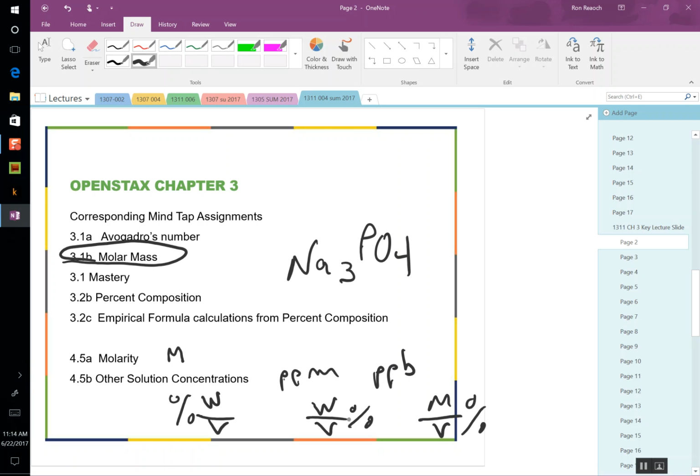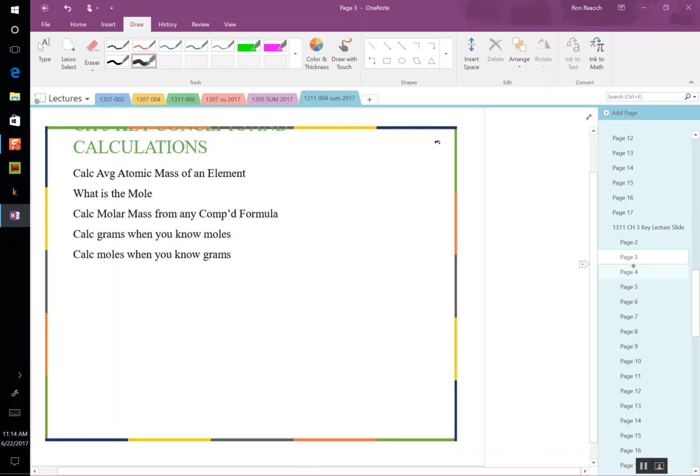All right, so let's see, where does percent composition come in? Okay, molar mass, you good with that? Ammonium phosphate. Let's look at that one.